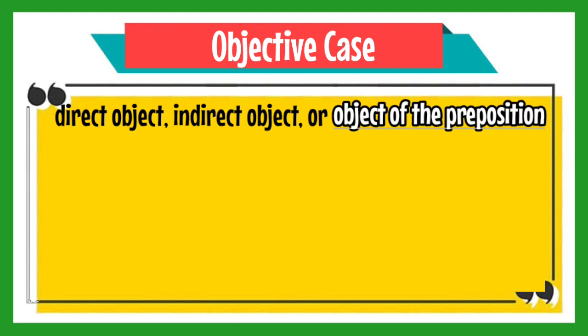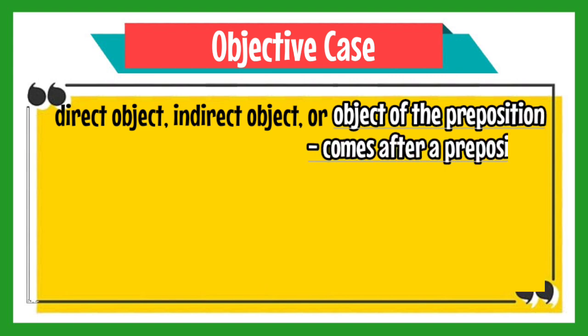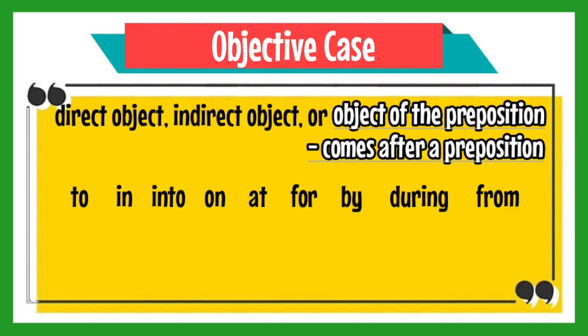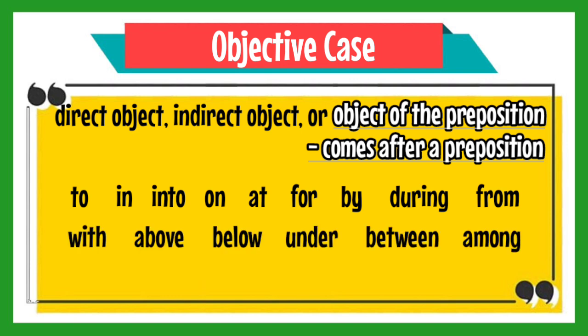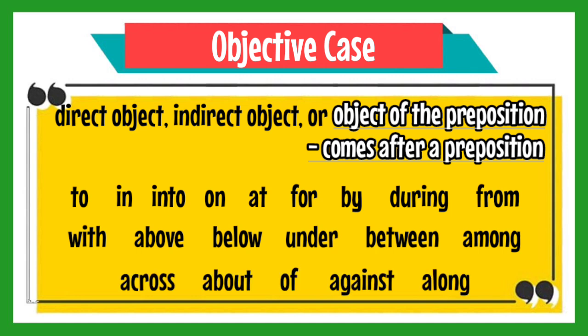As the term suggests, it comes after a preposition. Some prepositions include to, in, into, on, at, for, by, during, from, with, above, below, under, between, among, across, about, of, against, along.